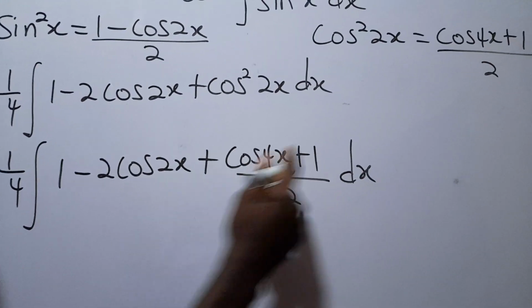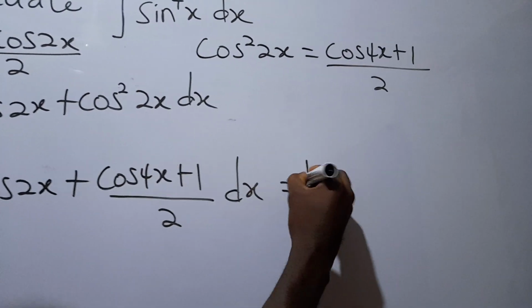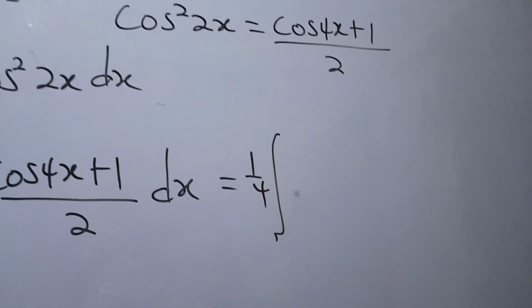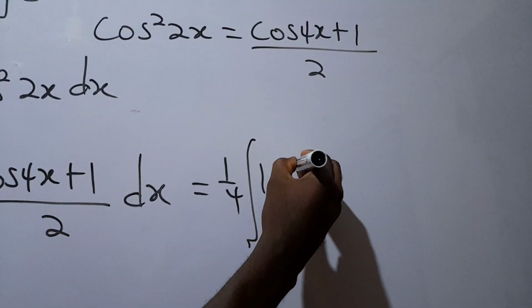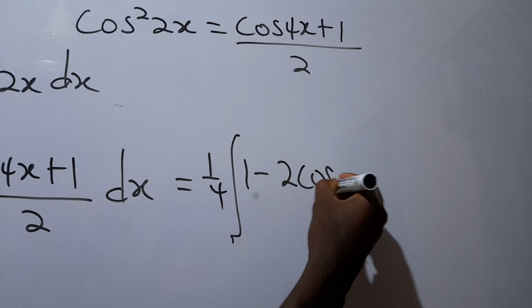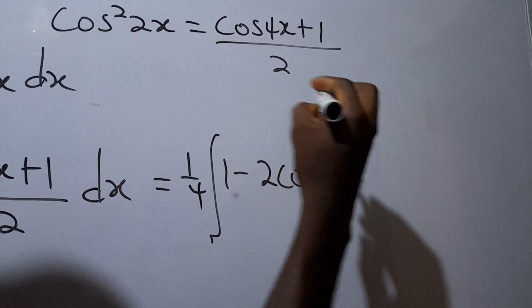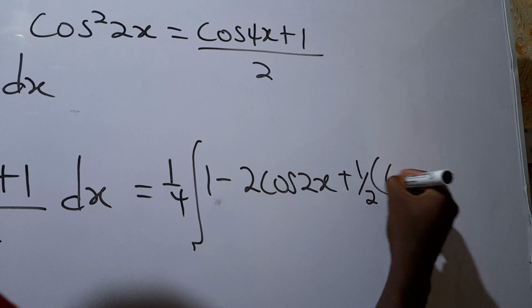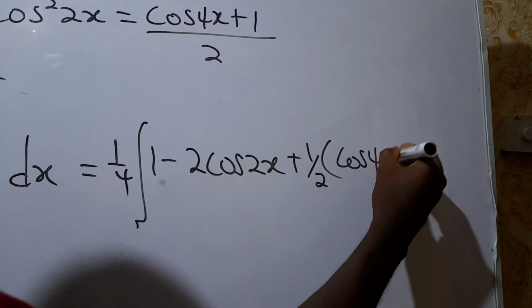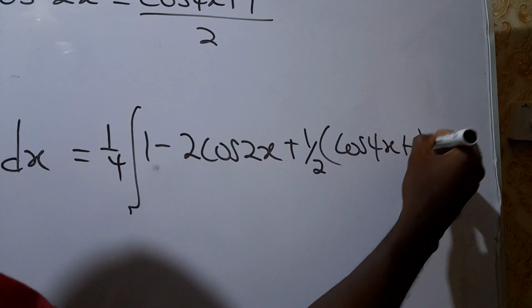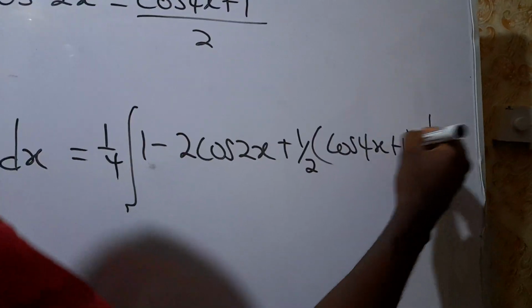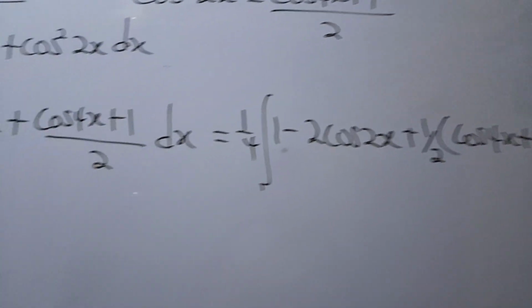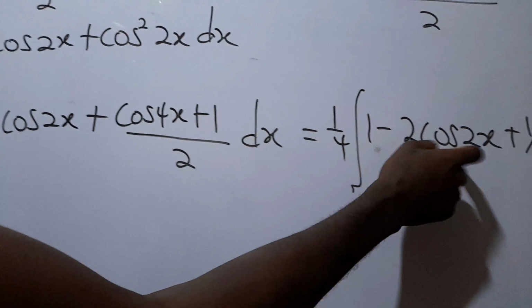We can rewrite this again as 1 over 4, the integral of 1 minus 2 cos 2x plus half cos 4x plus 1 dx. So now we integrate this term by term.